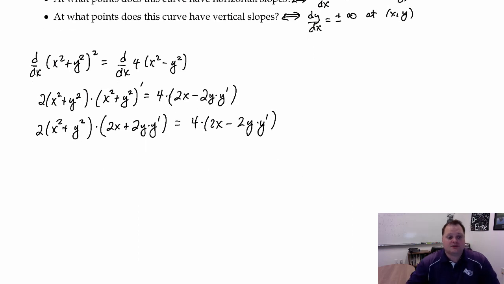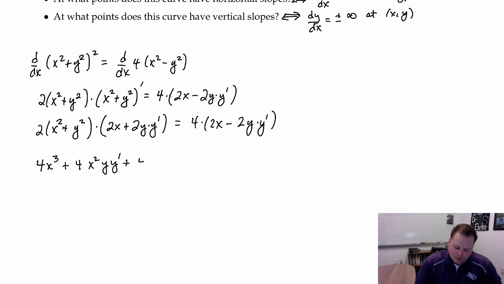All right, I need to solve for y prime here. So I'm going to, unfortunately, have to FOIL everything out here to figure out the y prime terms. So we'll start with 2x squared times 2x. You get the 2 and the 2, so that's 4x cubed plus 4x squared y prime. And then the y squared term will distribute.